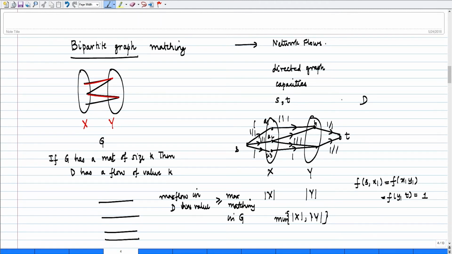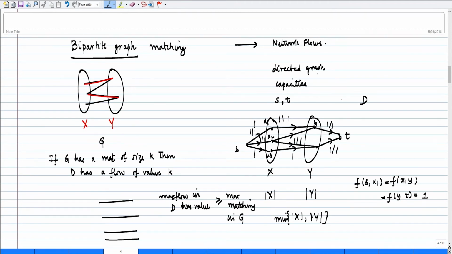I have subjected this flow network to a max flow algorithm. Actually, not even max flow, any flow it has computed, I should be able to convert into some matching. Therefore, a max flow will also be converted into some matching. Again, it will say that the value of the max matching is greater than or equal to the value of the max flow, establishing the equality.